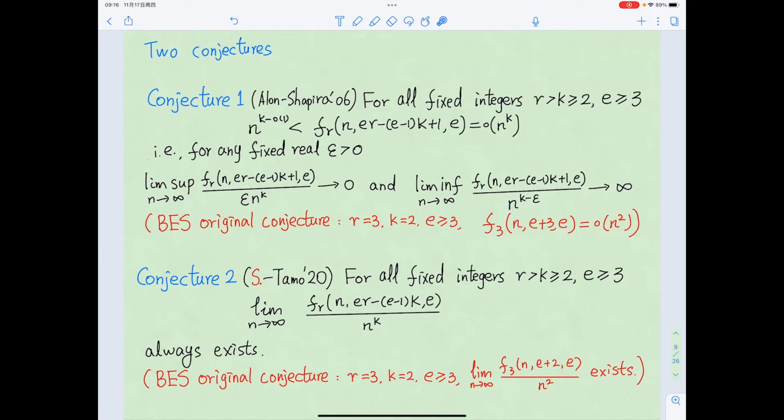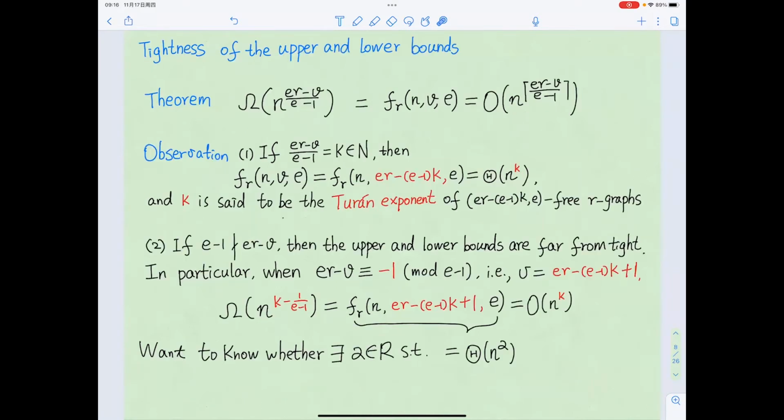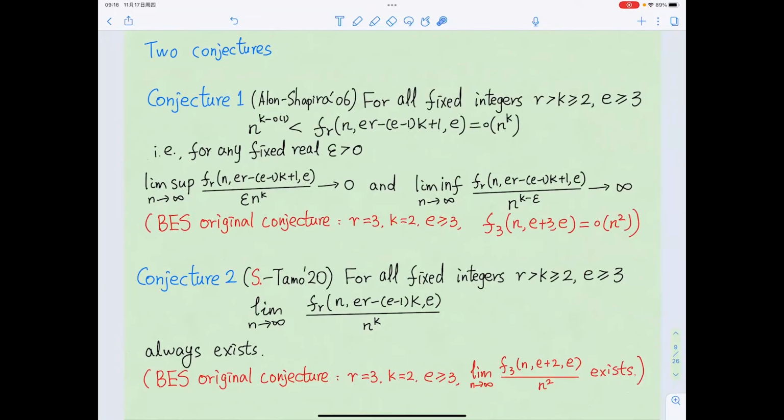For the case where (er minus v) over (e minus 1) is a positive integer, people also have this second conjecture. In this case, because we know that this function has order n to the power of k, it is natural to ask whether such a limit does exist.